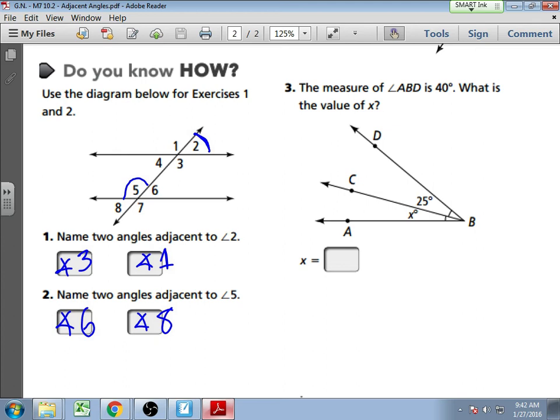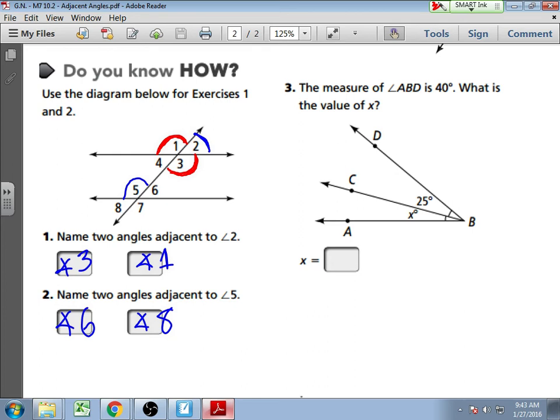Now, this is kind of introing tomorrow. So, angle 2 and angle 1 up here together form what? They form a straight angle, right? That's a straight line. Also, angle 2 and angle 3, what does that pair form?